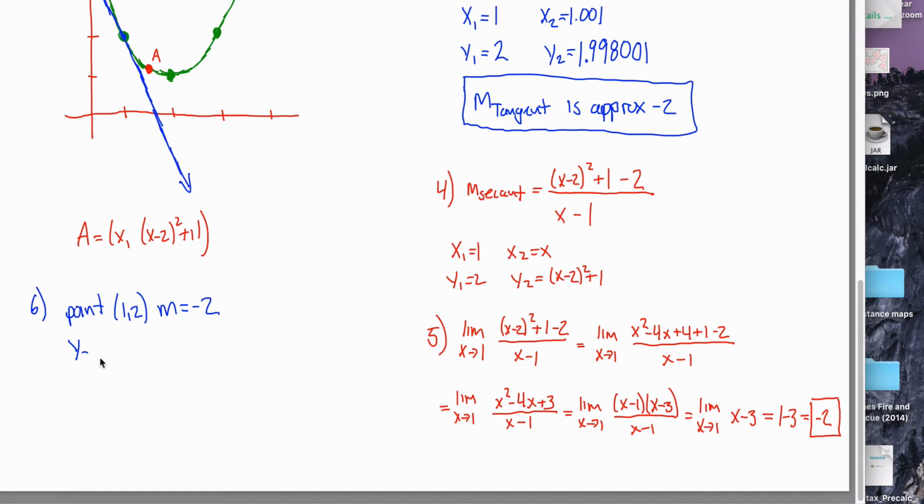One way you can do it is point slope form: y minus y1 equals m times x minus x1. So I got y minus 2 equals negative 2x plus 2. So I got y, if I add 2 to both sides of the equation, equals negative 2x plus 4. So I have a line here that has slope negative 2 and a y-intercept of 4.